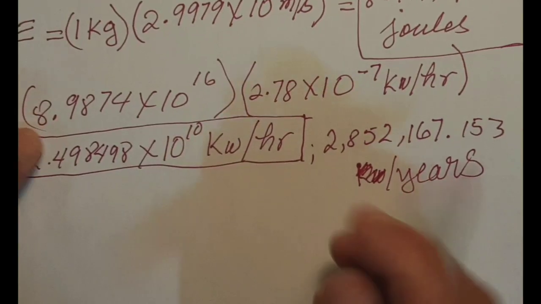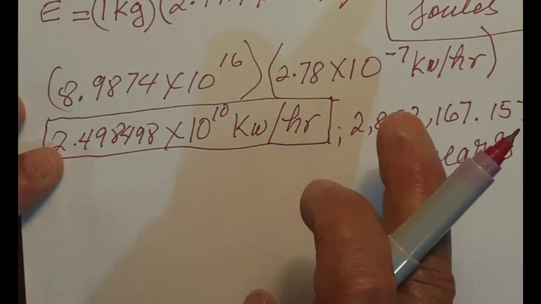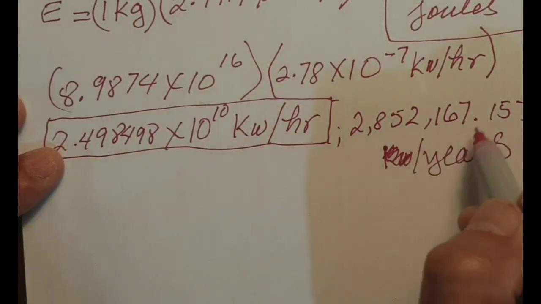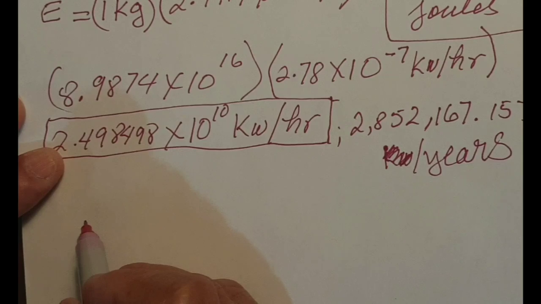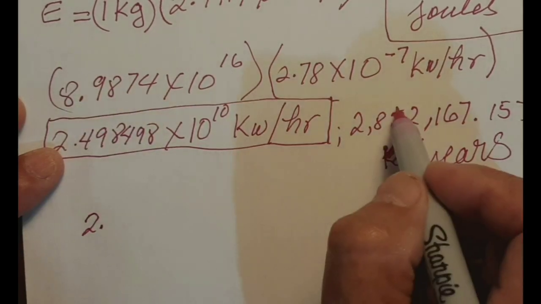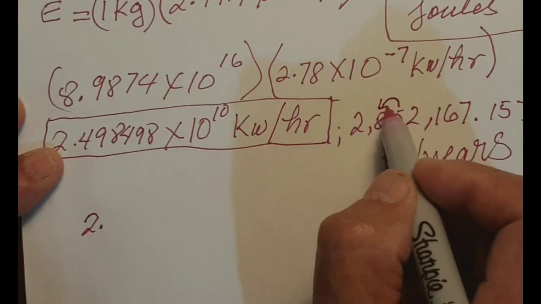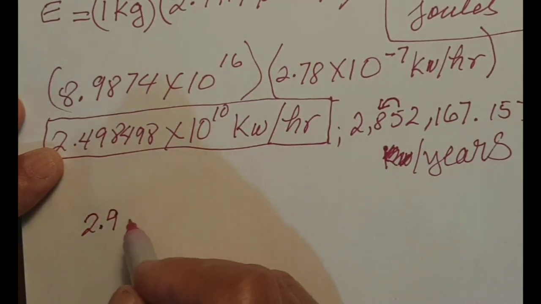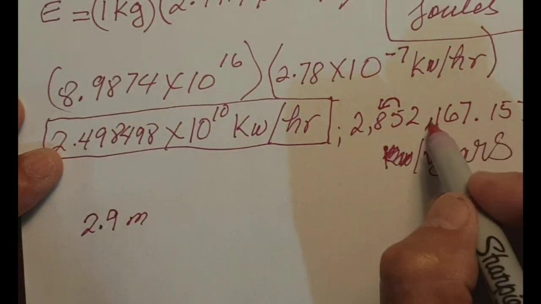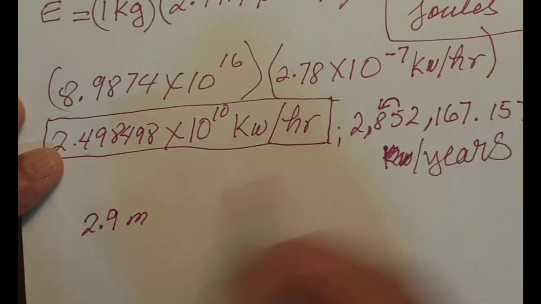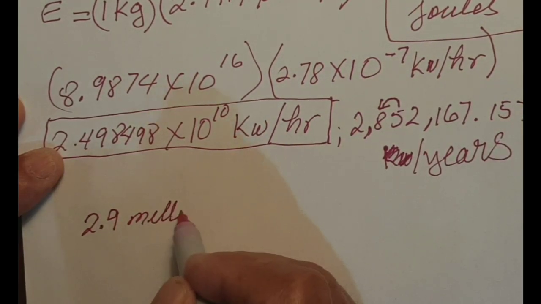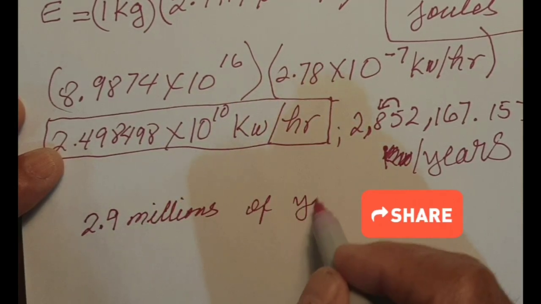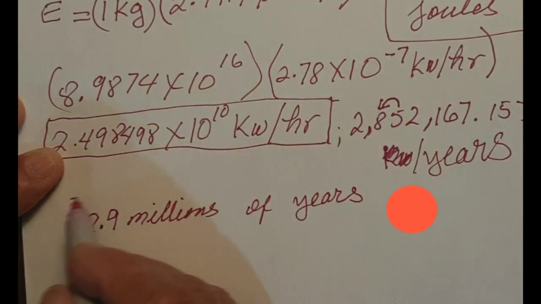So in this situation, here is the point, 2.9. This is millions. You can see millions of years. You won't believe it, but this is the truth.